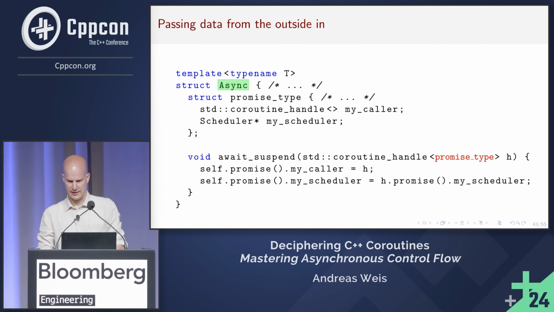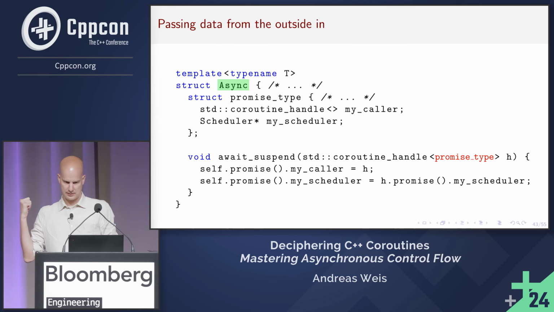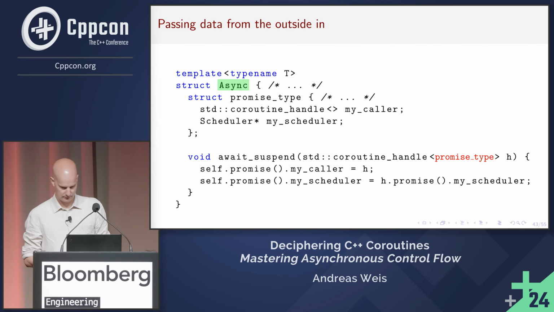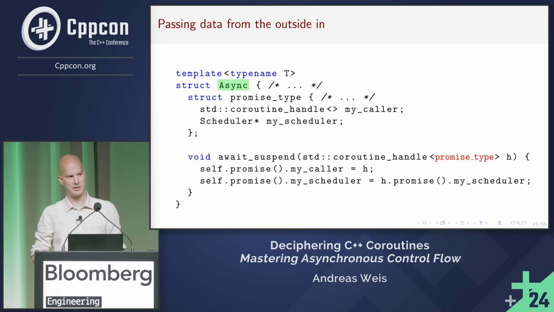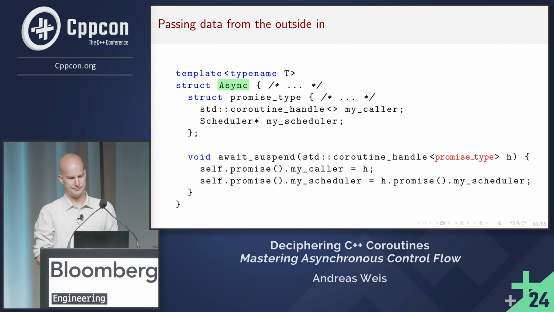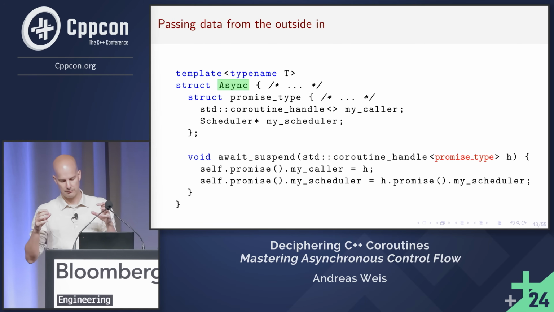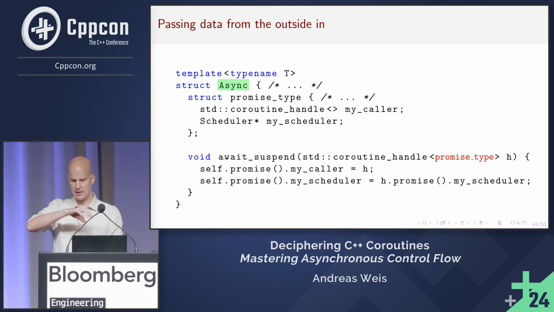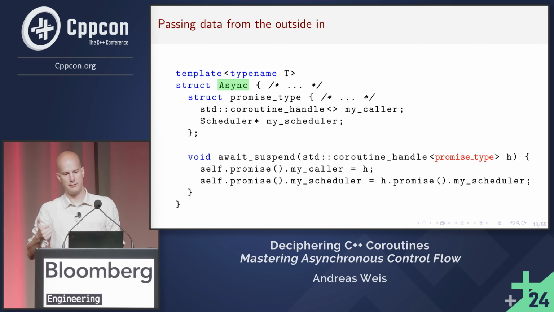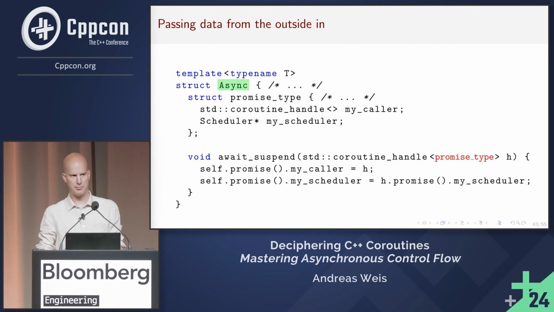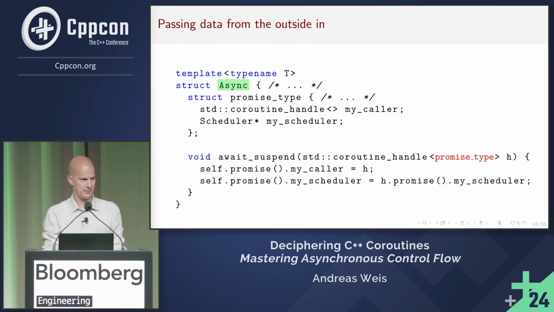There's one slight complication here, and that's this promise type. Because this promise type is not the same as the promise type further up. If you think about it, we have all of these functions and they all have different return types, right? And the async object is templated on the return type.